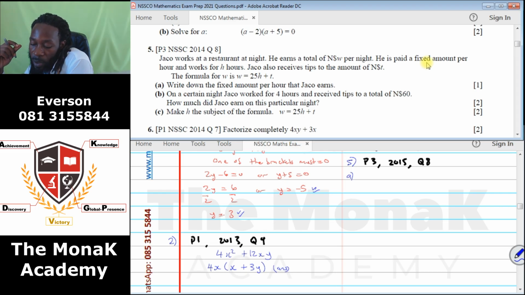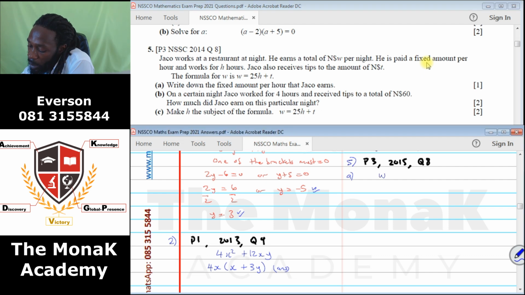So the fixed amount that does not depend on the hours. Remember, his wage is W equals 25H plus T. From there we know that this is variable, and this one is the fixed, because it's not dependent on the time.